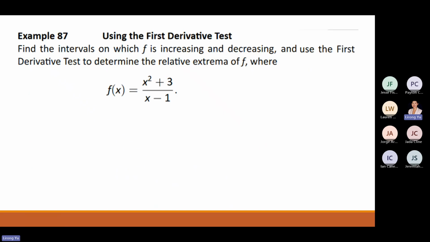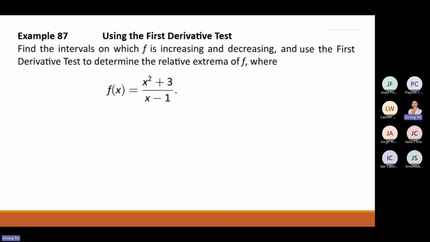And this is another example. It's similar to the one that we just did. And we have a division. Whenever we have a division, we have to watch out for the number that makes the denominator equal to 0, because you have a natural point where it's undefined. We will have an asymptote at 1. If x minus 1 equals 0, then x equals 1.